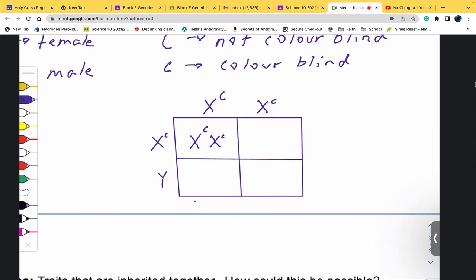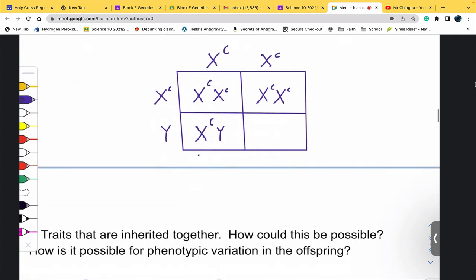Cross here, you get X capital C and then Y, a non-colorblind male, and then here you get X lowercase c, X lowercase c, that's a colorblind female, and then here you get the lowercase c and a Y, that's a male who's colorblind.